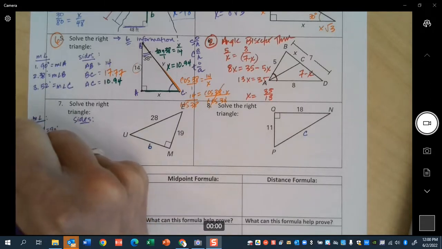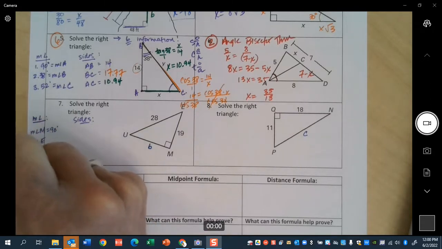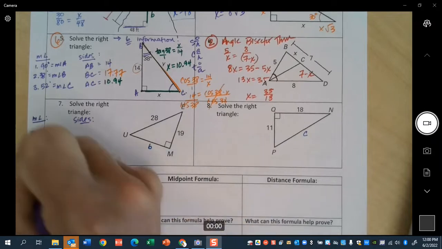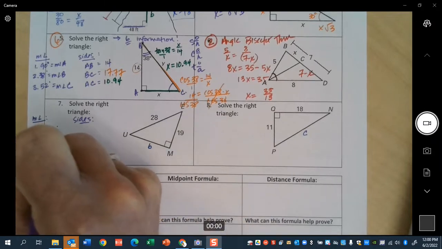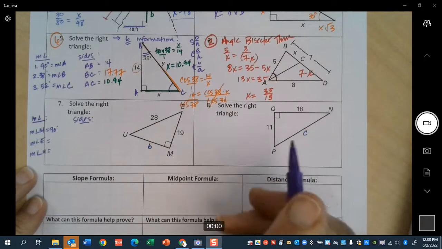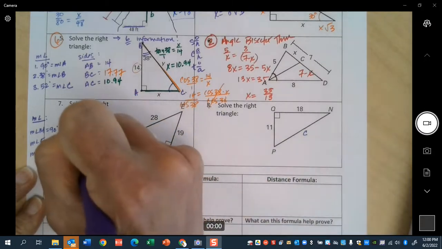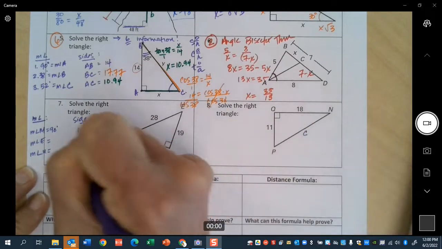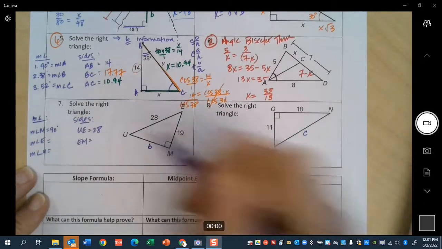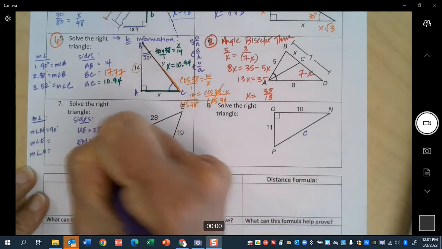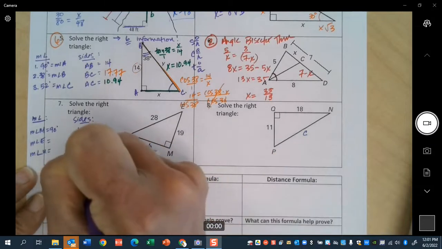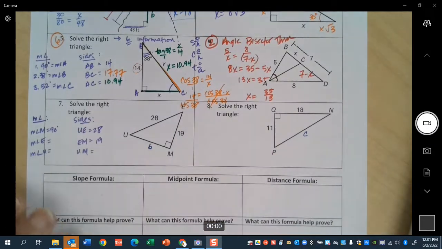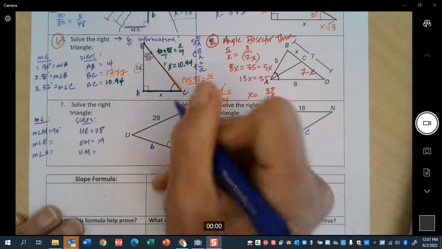I'm going to have to find the measure of angle E. I'm going to have to find the measure of angle U. When I talk about my sides, my distance from U to E is 28. My distance from E to M is equal to 19. And my distance from U to M, I'm going to go ahead and solve by using Pythagoras.